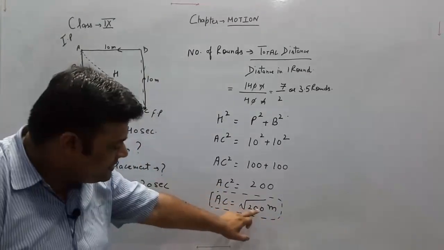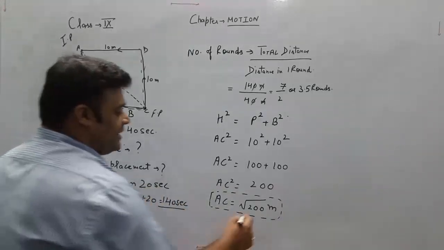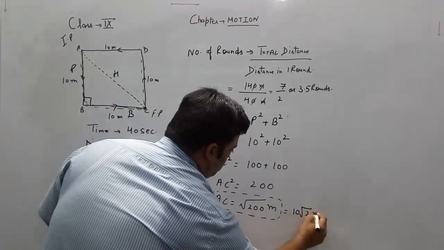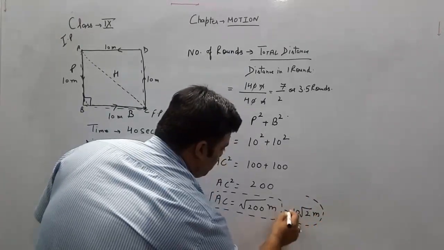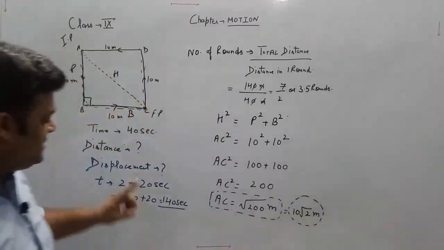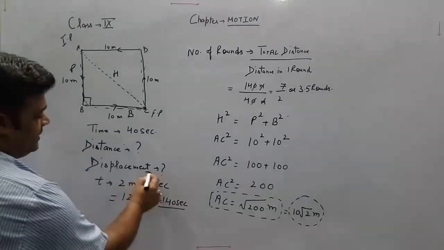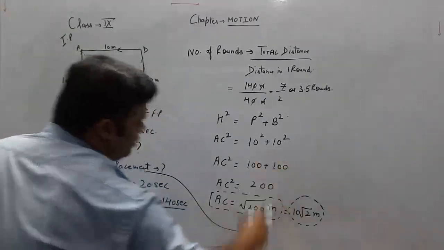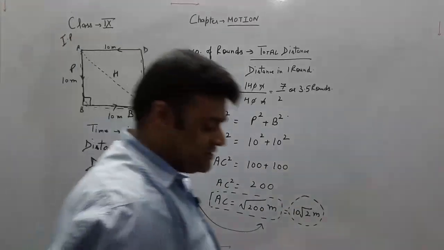More simplified answer for root 200 can be considered as 10 root 2 meters. So for the second case, displacement, our answer is root 200 meters or 10 root 2 meters.